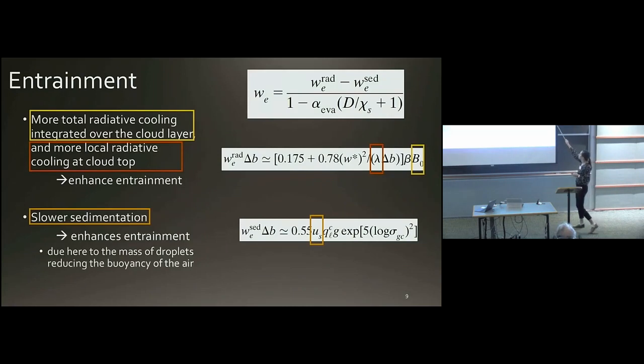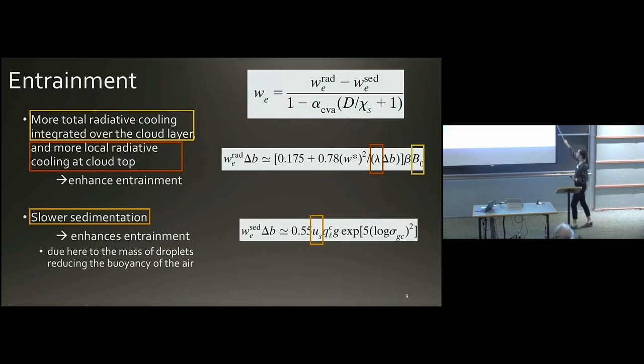Looking now at the terms on the top, again, we have a radiation term and a sedimentation term. This radiation term has actually two different dependencies on radiation in this approximation. One is that it depends on the total integrated radiative cooling through the entire depth of the cloud.